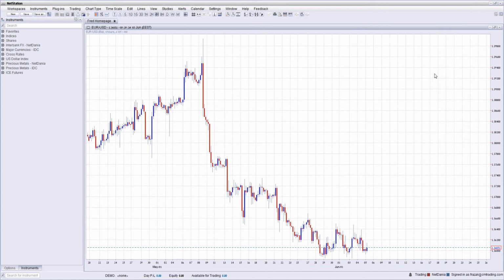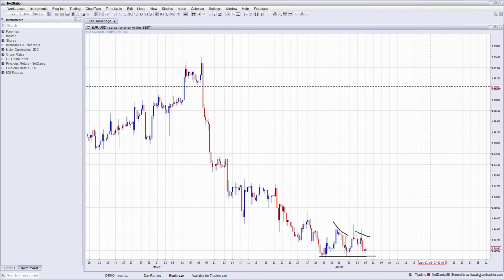If you notice down here, we've set up a little bit of a support level just a little bit shy of 136, so we're flatlining, making lower highs, but at the same time maintaining this level. There is still room for this to go on the downside.